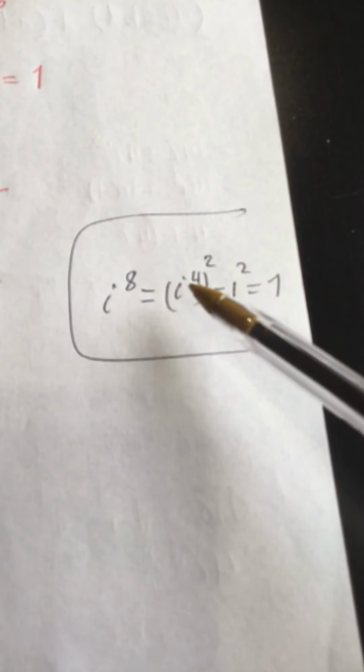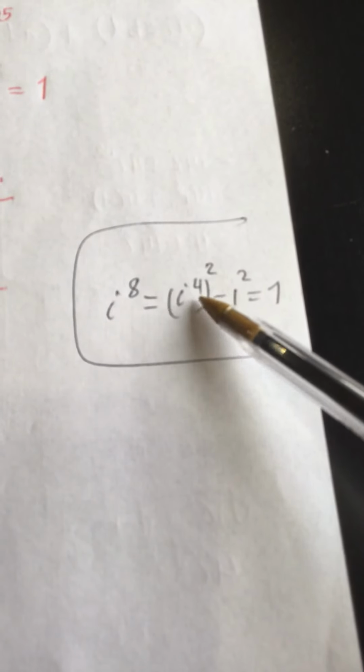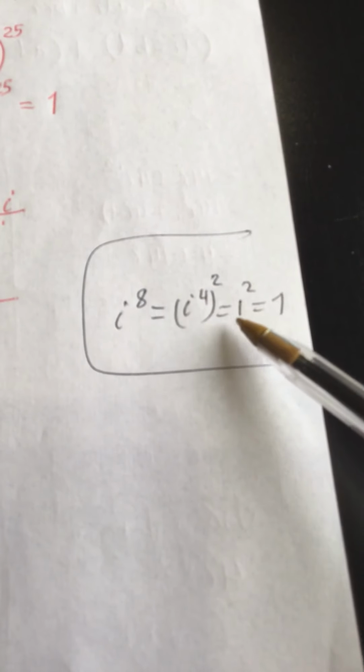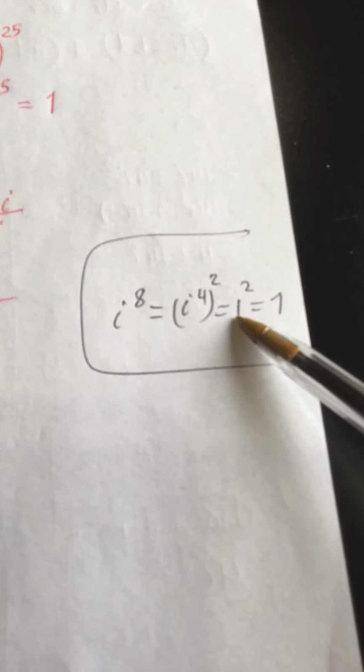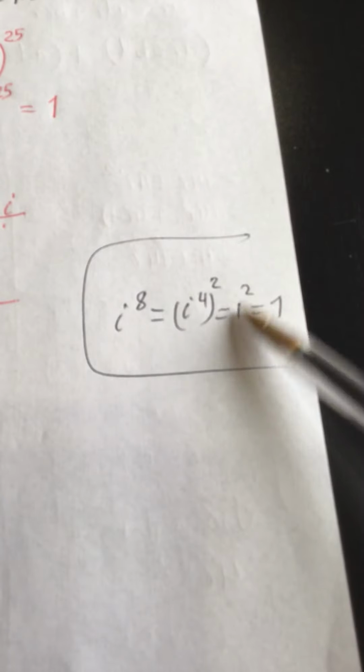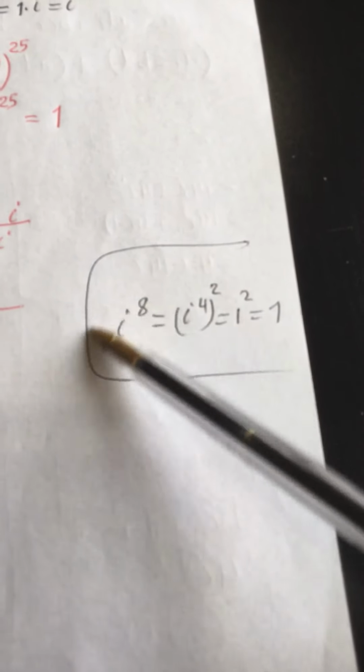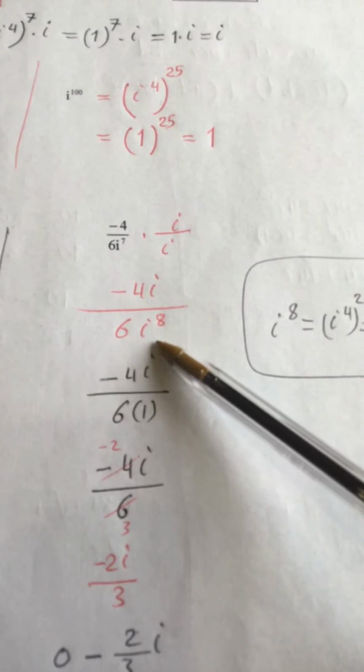Now i to the power 8 equal what? Equal i to the power 4 raised to the power 2. i to the power 4 is 1. And 1 squared is 1. So now we can substitute 1 for i to the power 8.